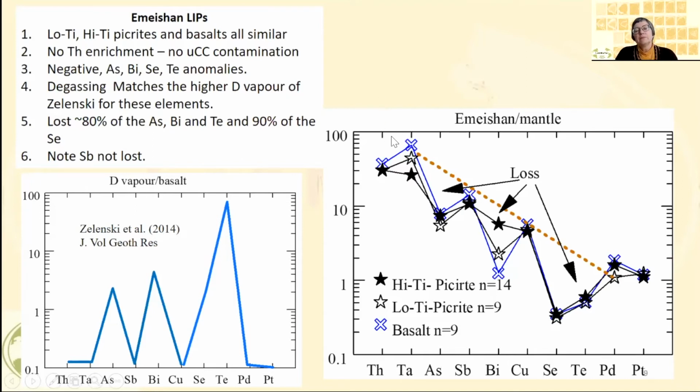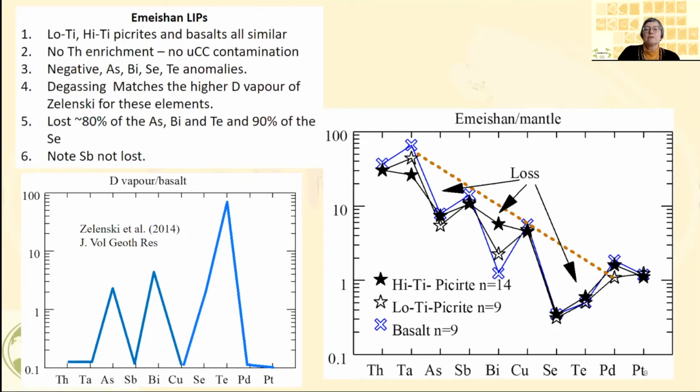And what we see on the pattern is a steady decrease from thorium through to palladium, but remarkably large negative selenium, tellurium, bismuth, and arsenic anomalies, which we attribute to degassing.